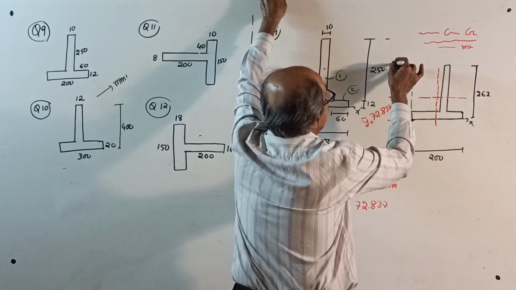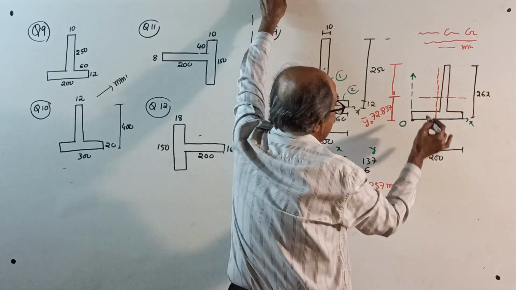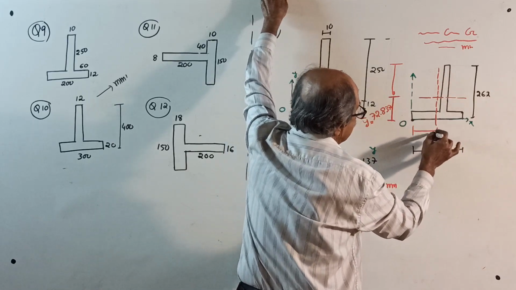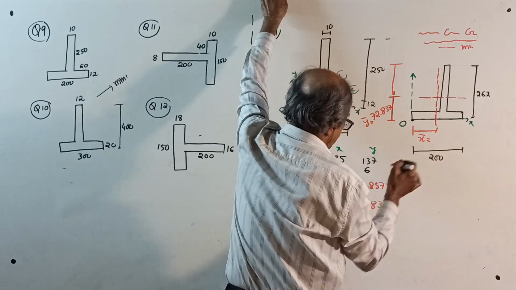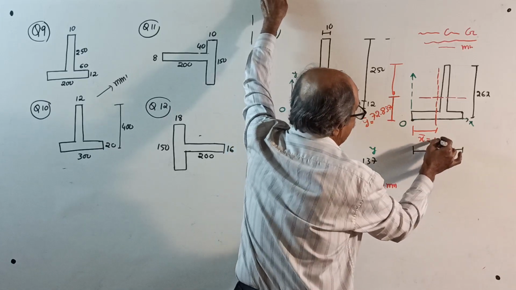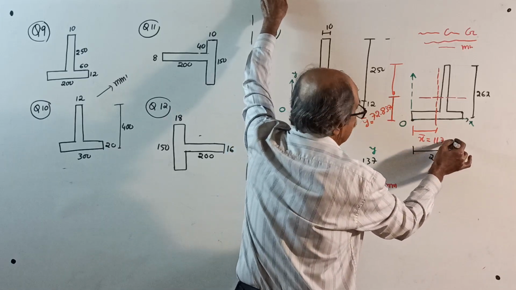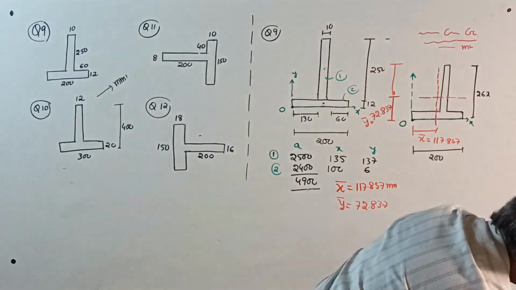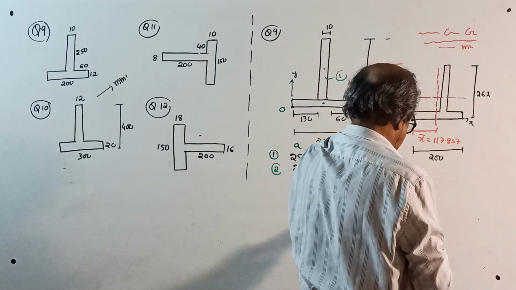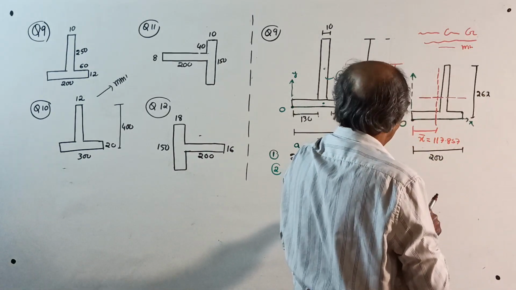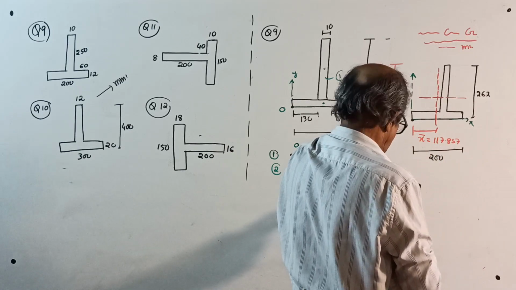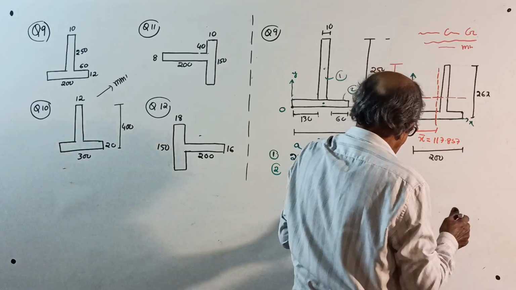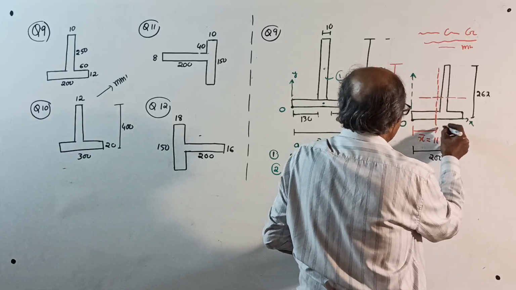If you want, you get from that side. This distance you calculate. Here, this is your x bar equal to 117.857. Other side, you get it from 200 subtract 117.857 is 82.143.